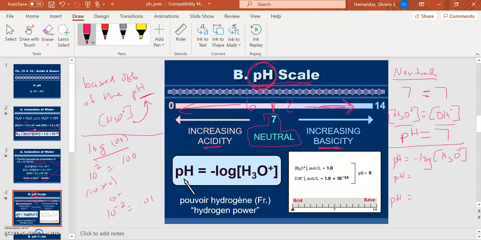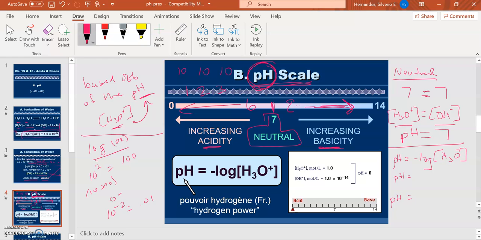So what is this scale based off of? Well, it's based off of the concentration of these hydronium ions, and it's based off a factor of 10. If I go from 0 to 1, that means I increase the concentration by a factor of 10. If I go to 2, I increased it by another factor of 10. If I go to 3, another factor of 10.